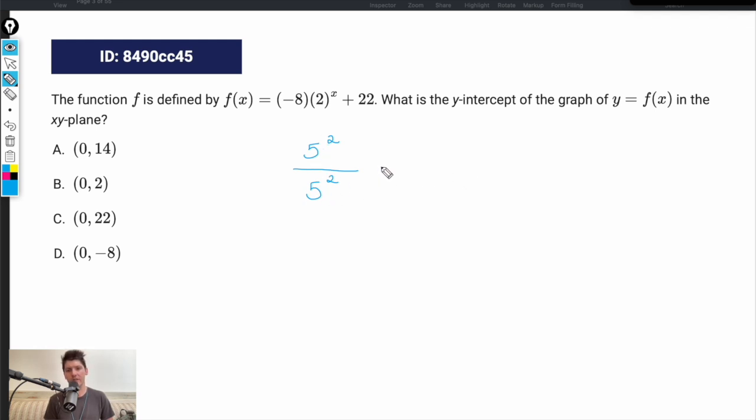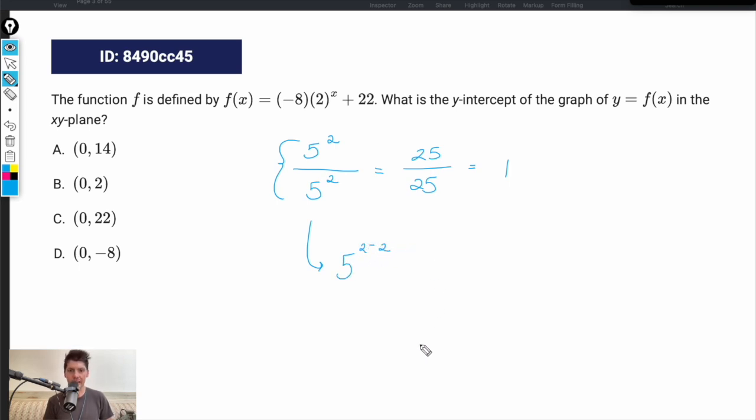You know that 5 squared is 25, and so I'll put 25 in both of these spots, and that simplifies to 1, right? 25 over 25 is equal to 1. But let's recognize this in a different way. If you know your exponent rules, then you could write this as 5 to the 2 minus 2, right?